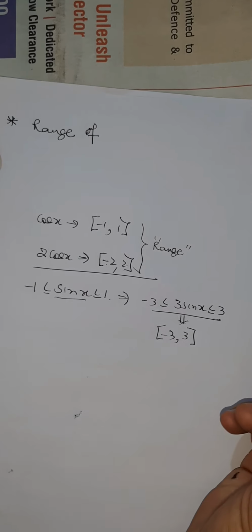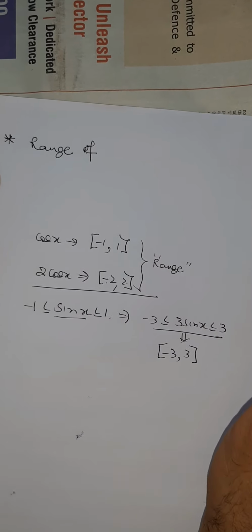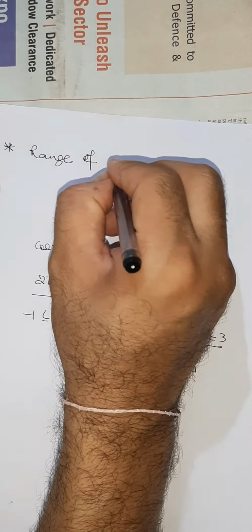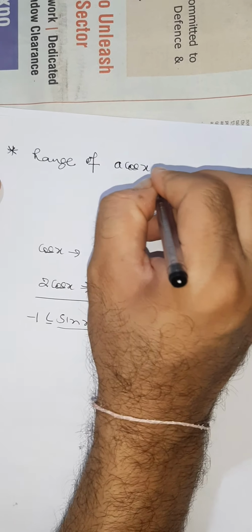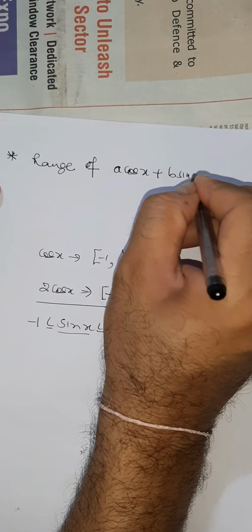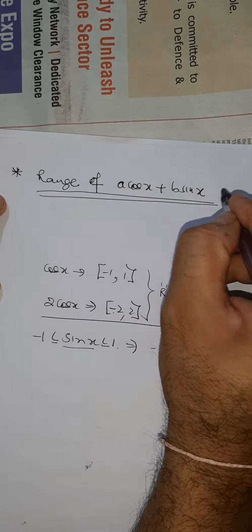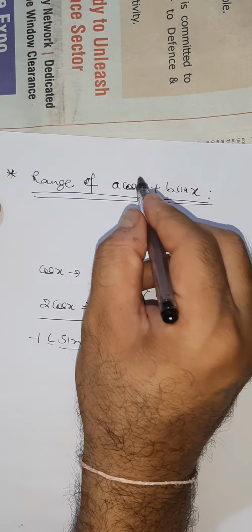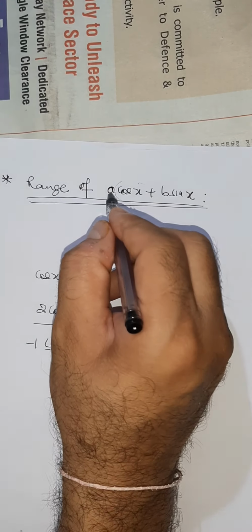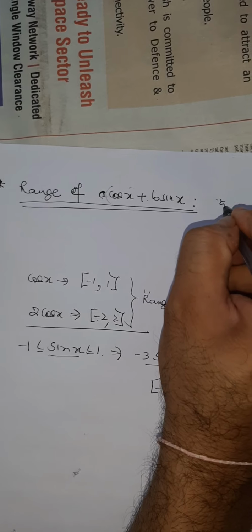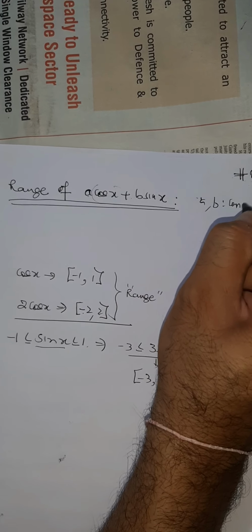This much we know. But now we have mixed function of this type here. That is, we have a cos x plus b sine x, such function. Range of a cos x plus b sine x, such mixed function. Not cosine alone, not sine alone. a and b are some constants.